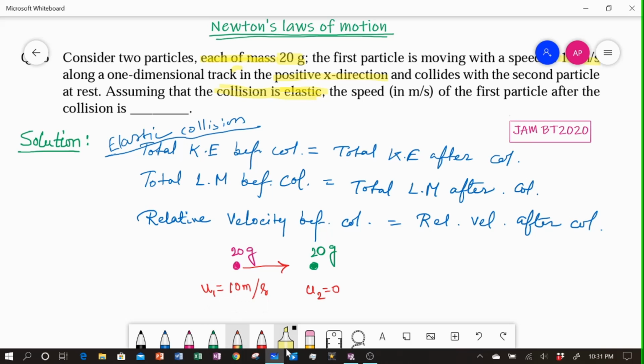Okay, so now after collision, suppose these collide, we have the velocities of first particle as v1 and second particle as v2, suppose.